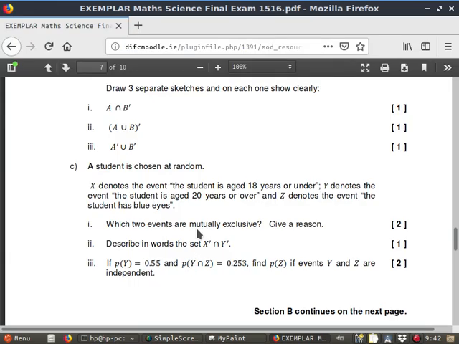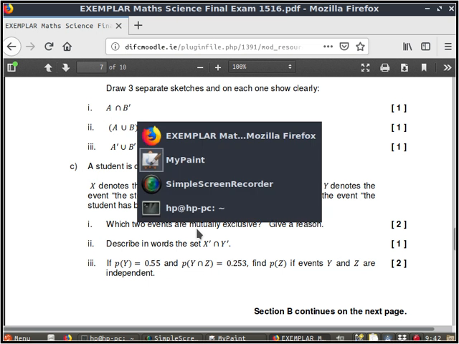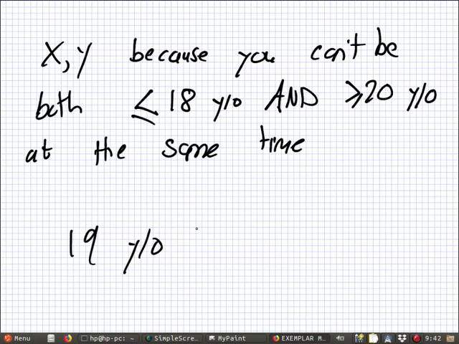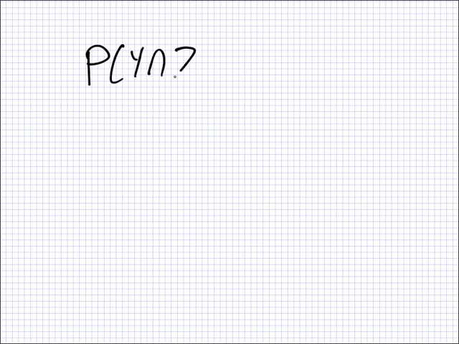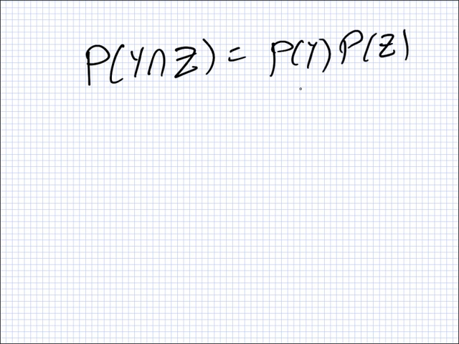And now we have some numbers. Right, so find PZ. The last one's actually not too bad. You can use the formula because they tell you it's independent. So if they're independent, P(Y and Z) equals P(Y)P(Z).